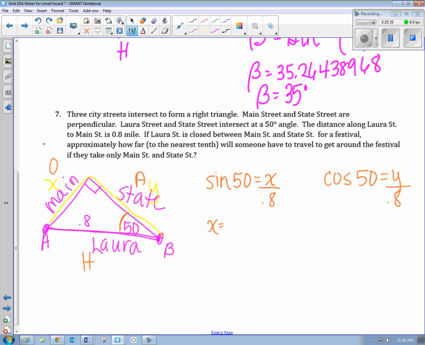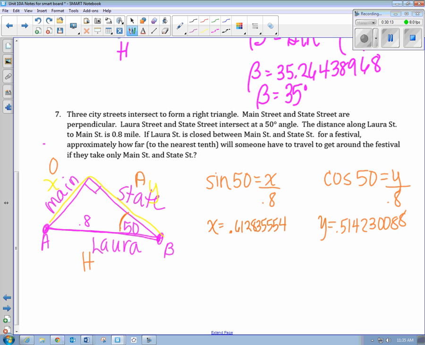So 0.8 sine 50, which gives me 0.612835554, and that's of a mile. And then I do 0.8 cosine 50, which gives me that y is equal to 0.514230088.